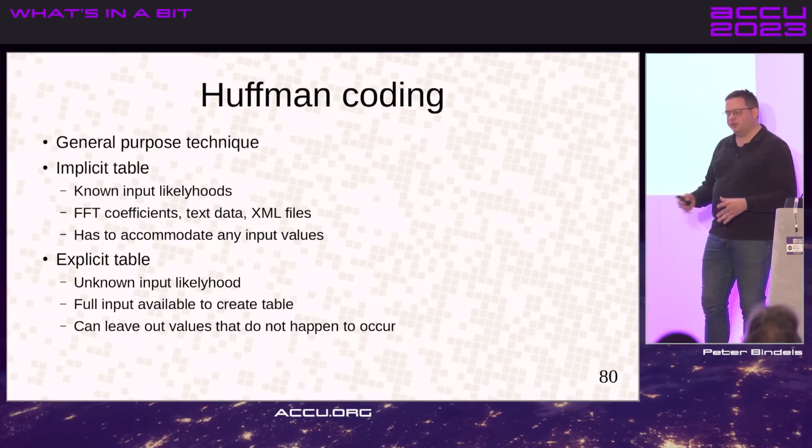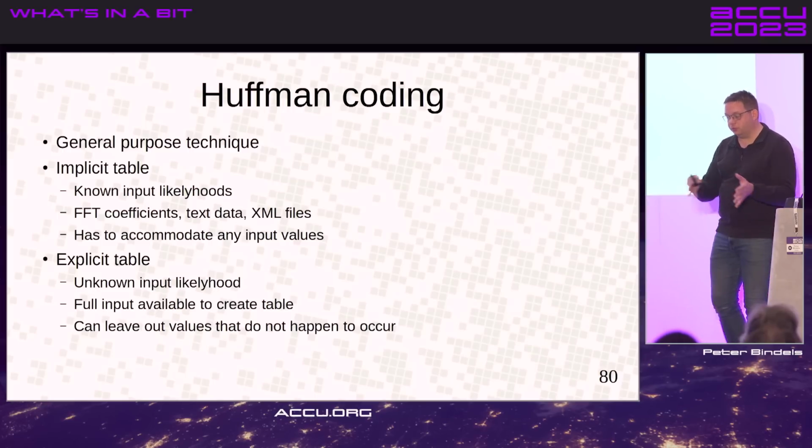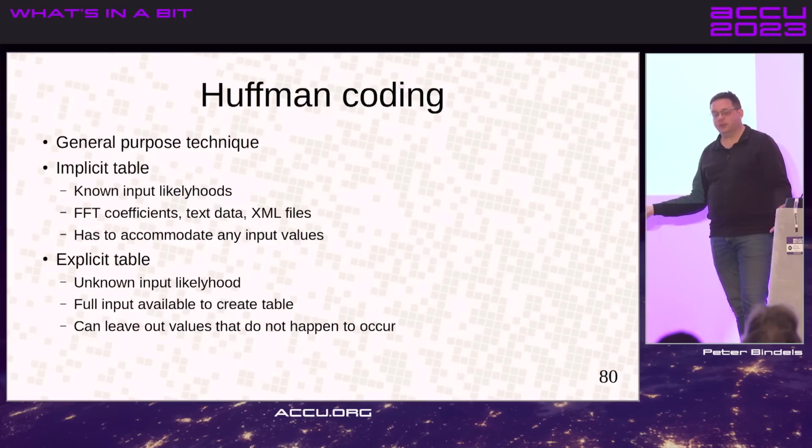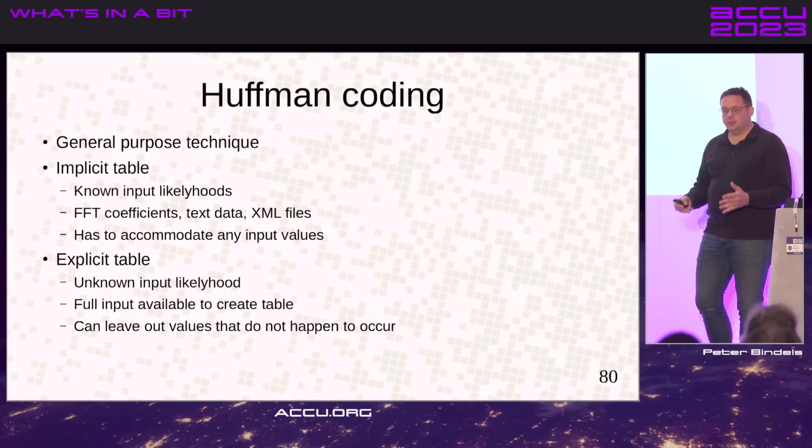It works best if you have some kind of idea of what kind of values you get. So this is used in, for example, JPEG, where the values we get tend to be lots of zeros. So we're encoding zeros very compactly, and everything else is going to be bigger. This saves a lot of space because we don't need to take our table and put that into the file.